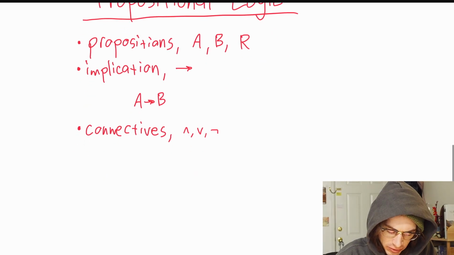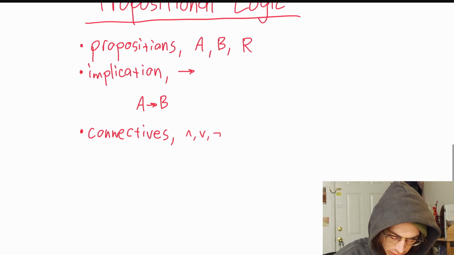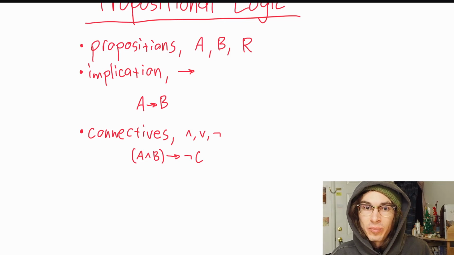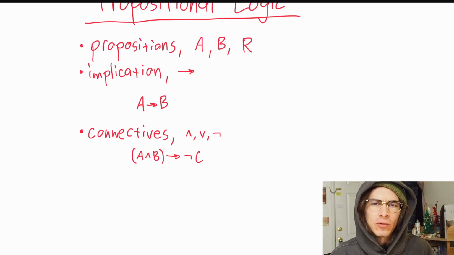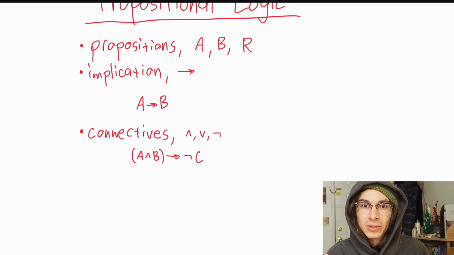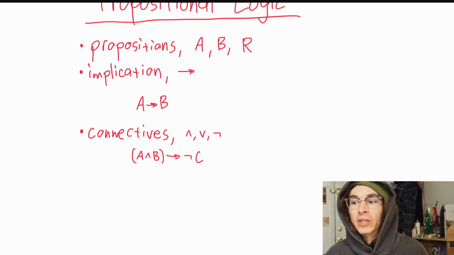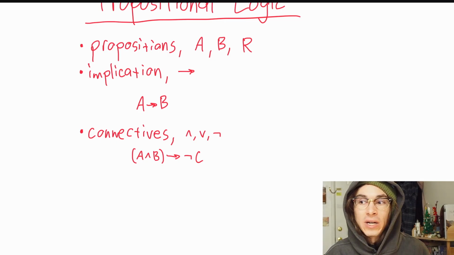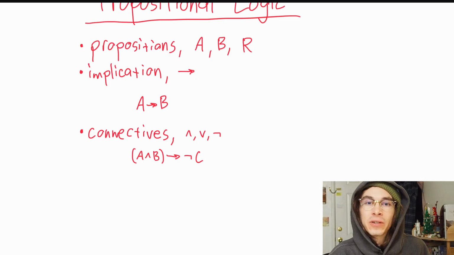But to give you an example, we could have a statement like A and B implies not C. So this would be saying that if A and B are true, then the negation of C is true, not C is true. So let's jump into the axioms.